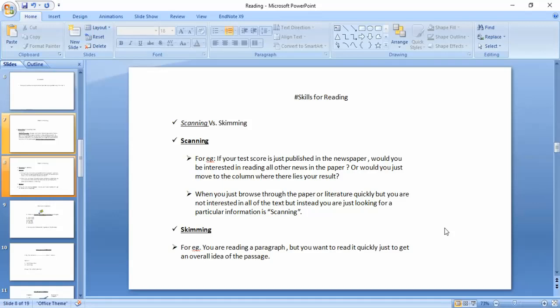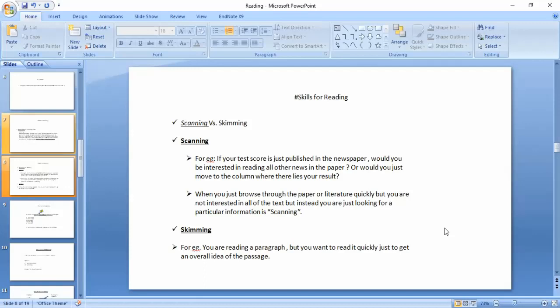Scanning. Scanning is like finding a date of birth or the name of a person in a reading passage. You don't have to understand the passage at all. You don't have to read line by line. You just need to move your eyeballs throughout the text and look for that number or name.